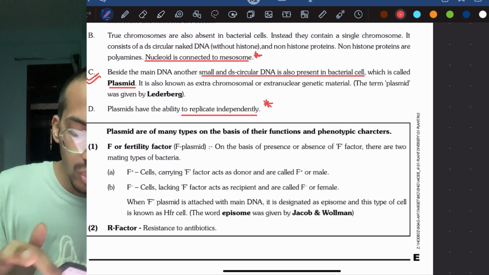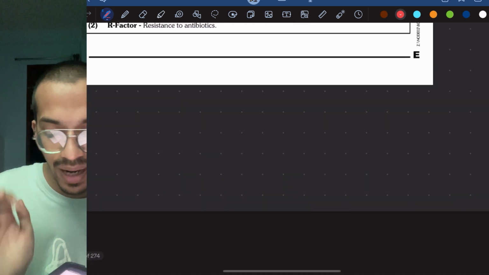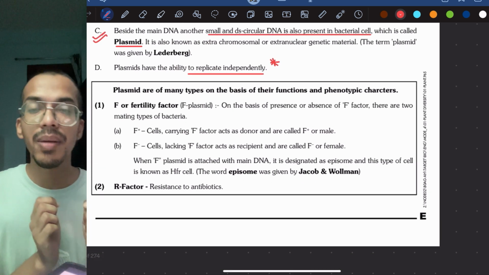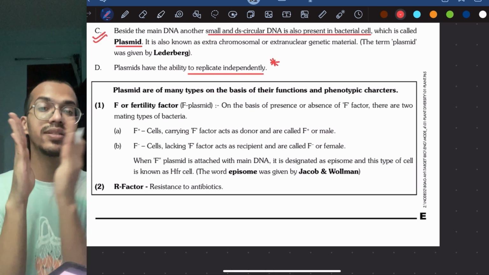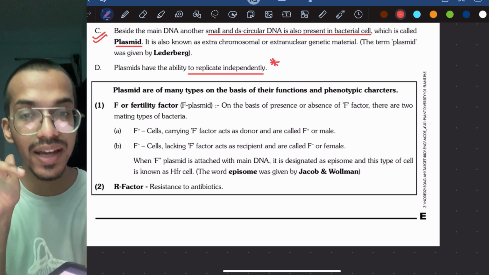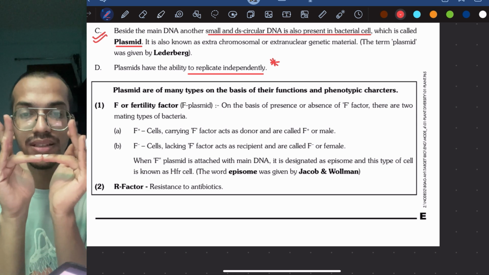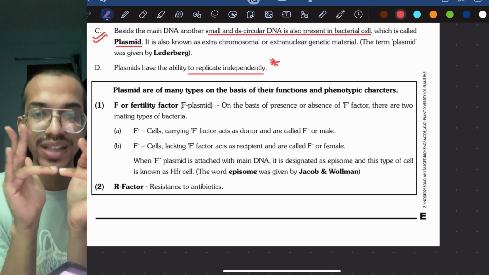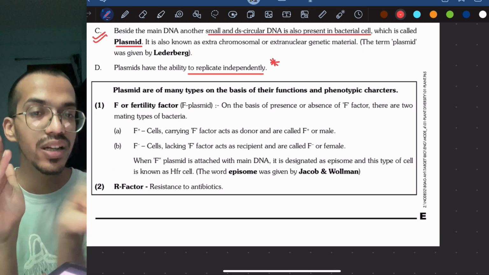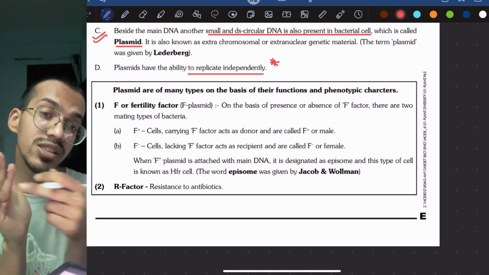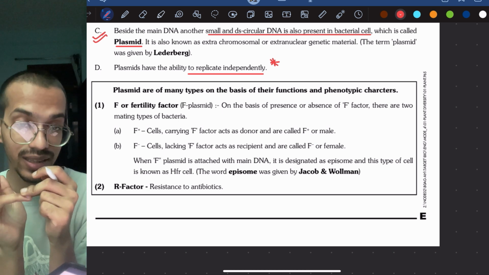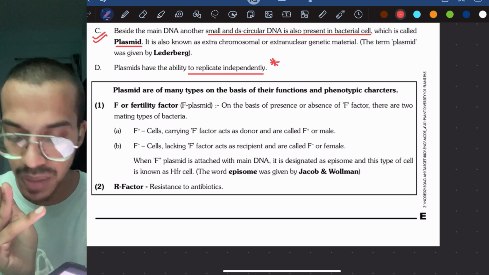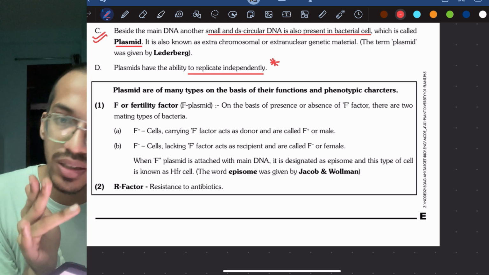There are 2 or 3 different types of plasmids present. Like we have F plasmids or the fertility plasmids. Remember I told you that this bacteria will have a pilus which will go and attach with the pilus of another bacteria, and they will transfer the material. So which material will go? The plasmid will go. This plasmid which has the fertility factor, the genetic material, is called what? It is called the F plasmid or the fertility factor plasmid.